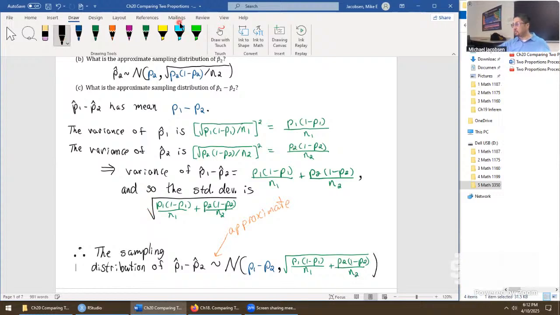I think we finally got it, folks. This is now our new central limit theorem for a difference in statistics, p hat 1 minus p hat 2. The major critical thing about this is we really had to have two independent populations. But any questions at all, folks, getting to this stage?